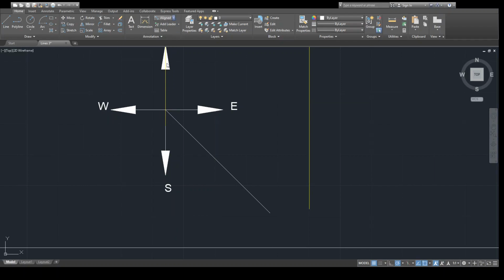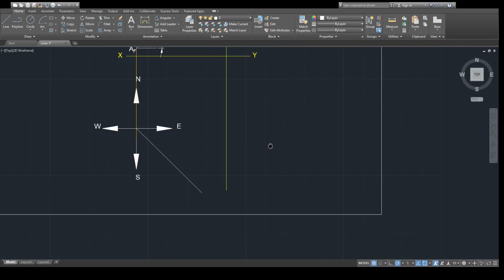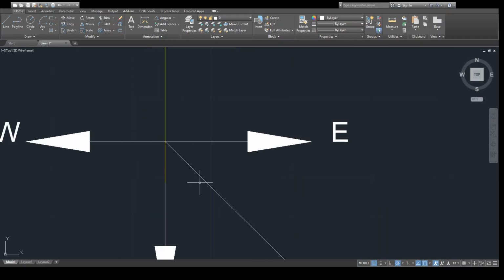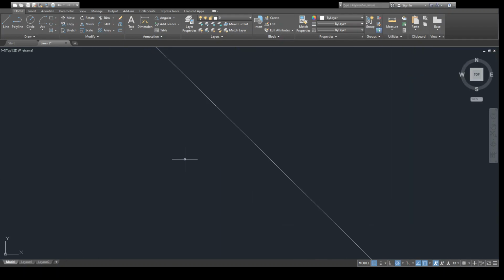So I will show you the dimensions. S45 angular. Oh sorry, it will not show. Okay, doesn't matter. So it is a line of S45E. Why are both the lines showing different? Both the lines are the same, but something here is showing different.